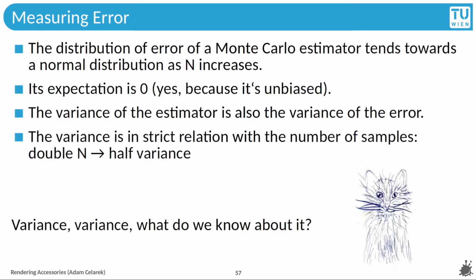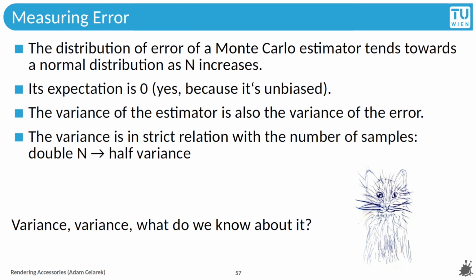Neat. To summarize, the distribution of error of a Monte Carlo estimator tends towards a normal distribution as n increases. Its expectation is 0, yes, because it's unbiased. The variance of the estimator is also the variance of the error. And finally, the variance is in strict relation with the number of samples.